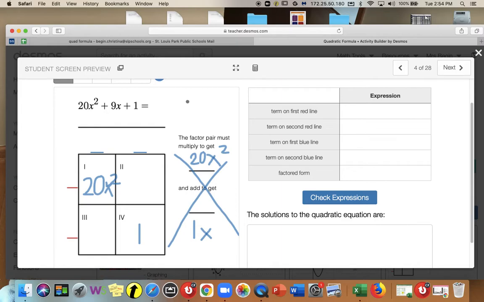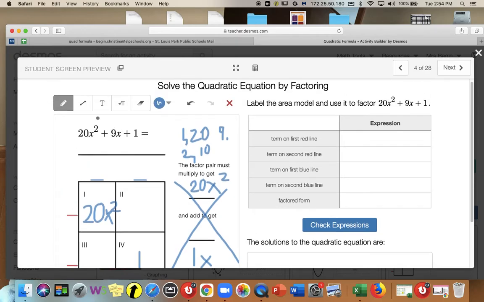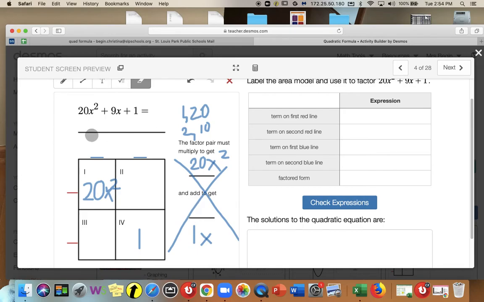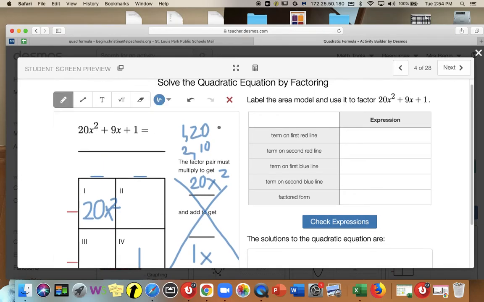Well, we have 1 and 20, but those don't add to 1. 2 and 10, those don't add to 1. And 4 and 5. 4 and 5 would add to 1 if 1 was negative, but there's no way that we could get them to multiply to a positive 20 and add to a positive 1 if one number is negative. So there's actually no solution to this.